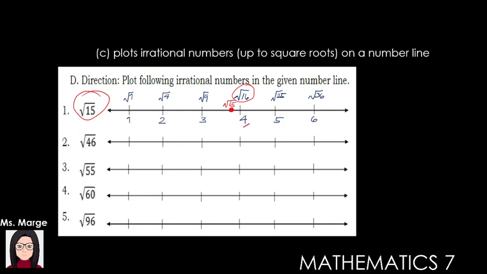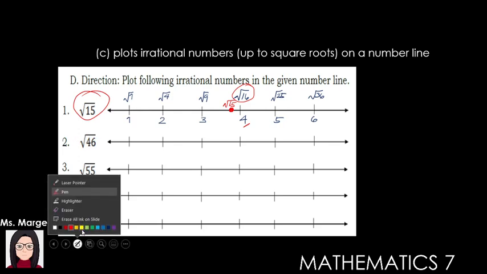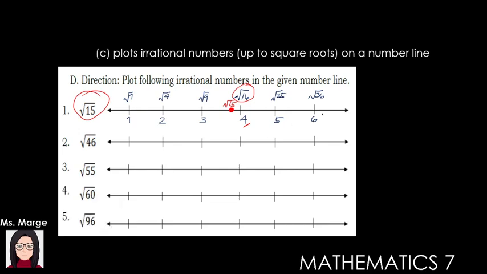How about ito? Square root of 46. So, let us try. Then, the other numbers, kayo na magsusubok. So, dito, we end up with 6. I think start tayo sa 6: 7, 8, 9, 10, 11. 6 times 6 is 36. 7 times 7 is 49. 8 times 8 is 64.